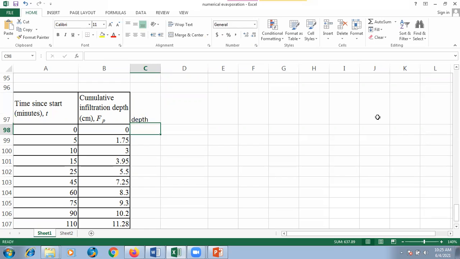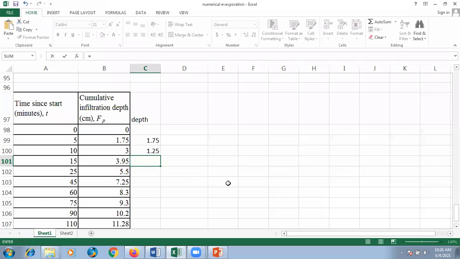See, the depth between 0 to 5 minutes is equal to 1.75 minus 0. So this is what has gone inside. Similarly, for the next 5 minutes, it is equal to 3 minus 1.75.